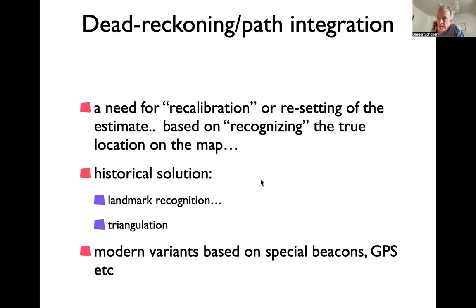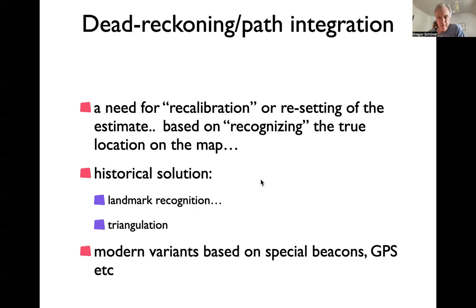And if you recognize at least, actually with 2 such things in 2D, you can estimate where you are, but you use 3 typically to have some estimate also of your error. It's called then triangulation. So that's based actually on knowing in which direction these landmarks lie relative to some reference frame. And on a ship, it will be, again, your compass or relative to the sun. So based on that, you can actually estimate where you are.